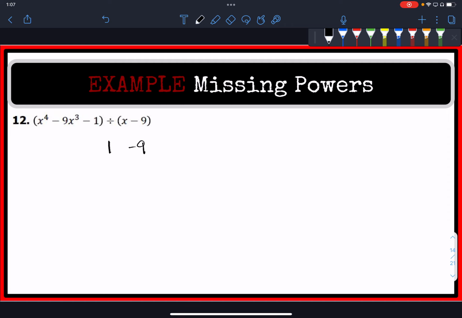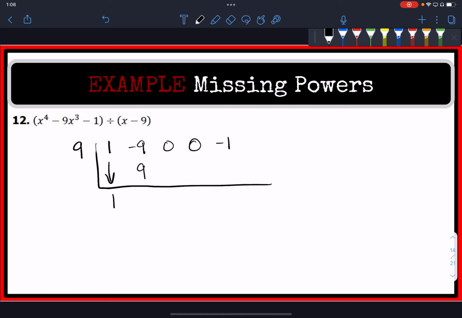We're missing the power of 2, our linear power, and then our constant is negative 1. Put a positive 9 on the outside, multiply, that is 9, add, multiply, add, multiply, add, multiply, add.